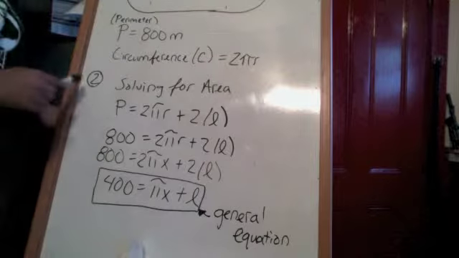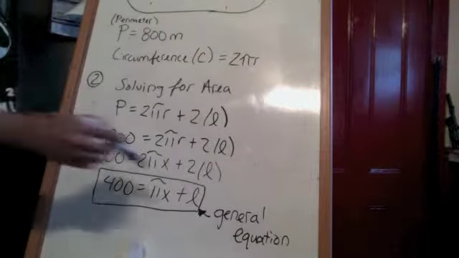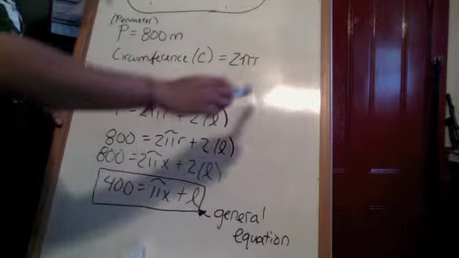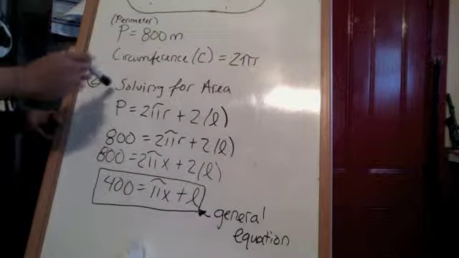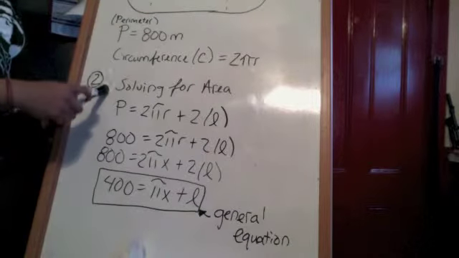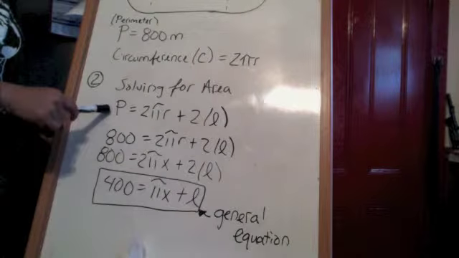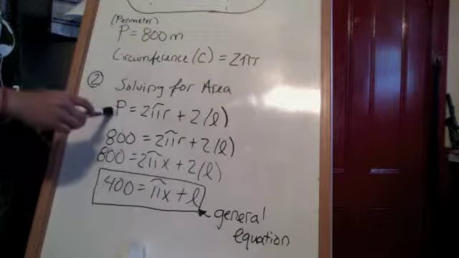So the second part is to find a general equation to solve for the area, and as you can see, the box solution is our general equation, which we're going to use with a couple of other general equations to find the area, which is what we're trying to solve overall for the problem. Now for this problem we're going to start out with what we already got.